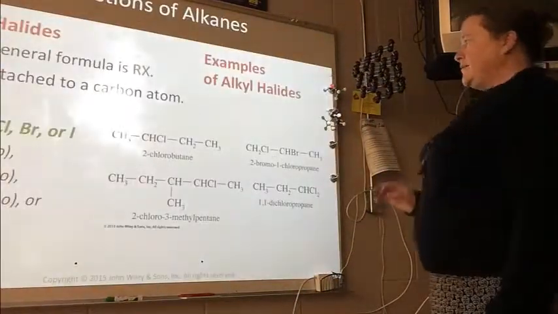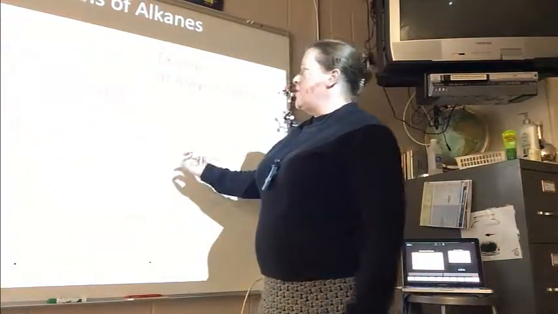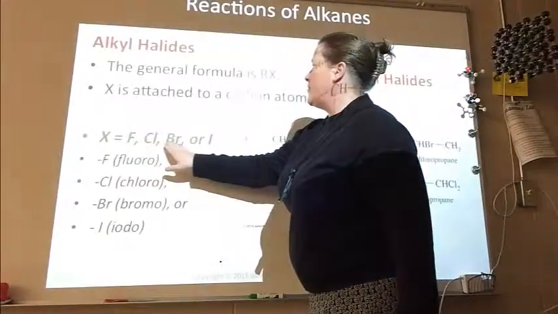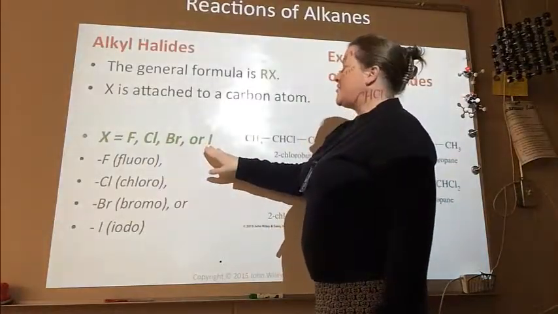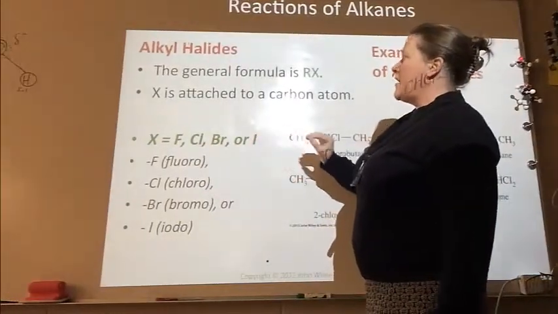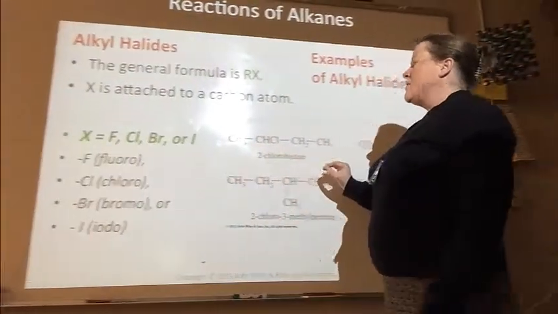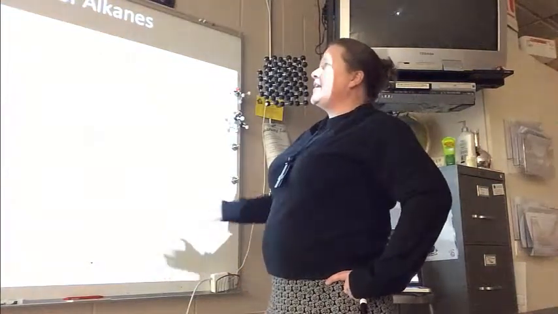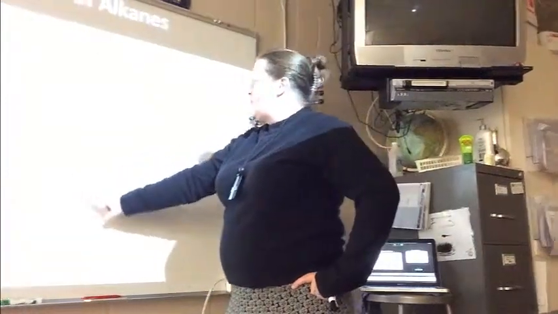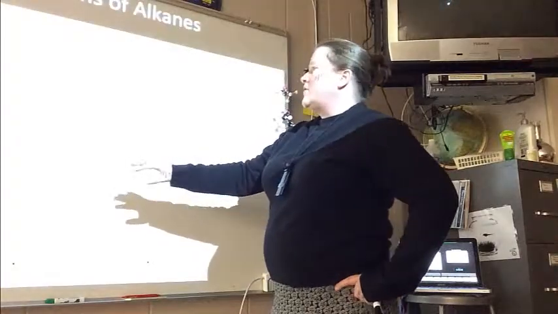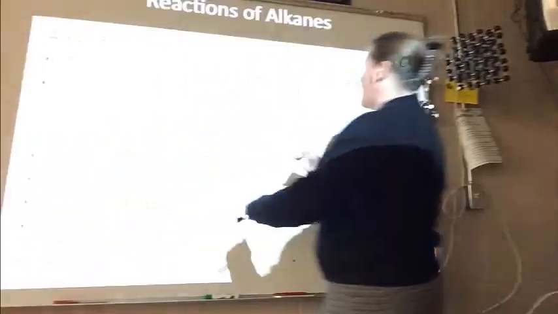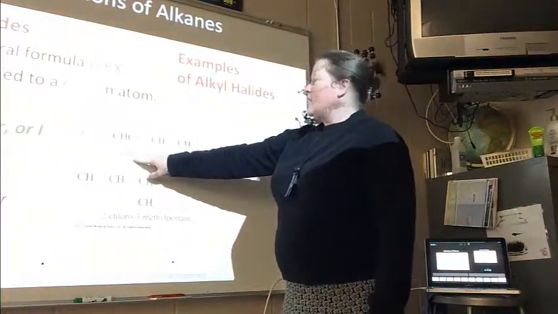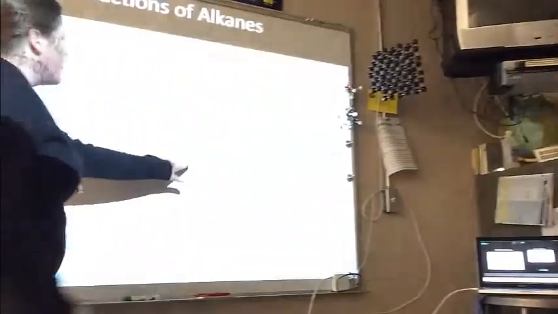When we have a halogen, like fluorine, chlorine, bromine, or iodine, attached to an alkane, it's called an alkyl halide. So this is referred to as the alkyl halide, and the way that we name it is to take the root, and the chlorine becomes chloro.